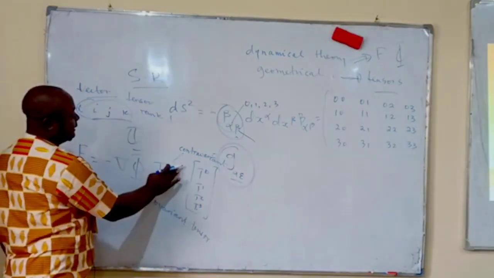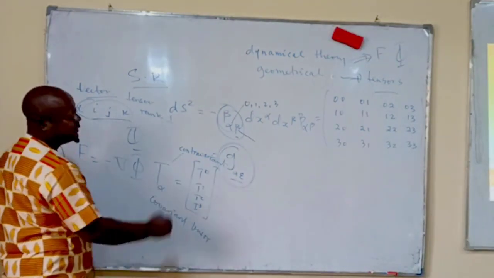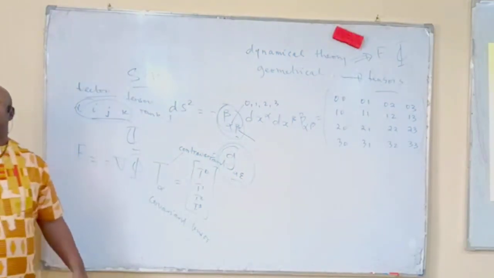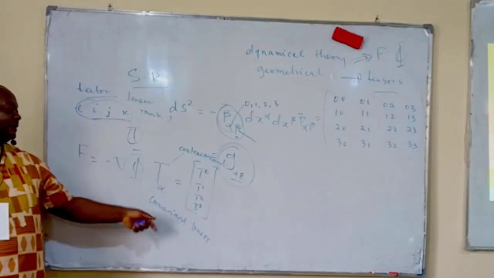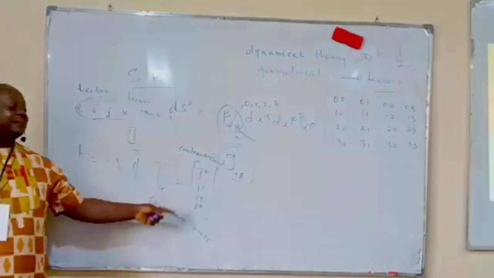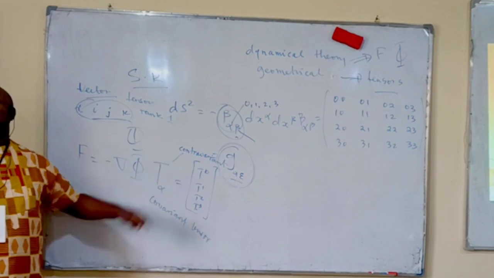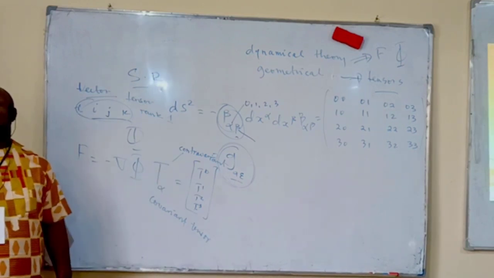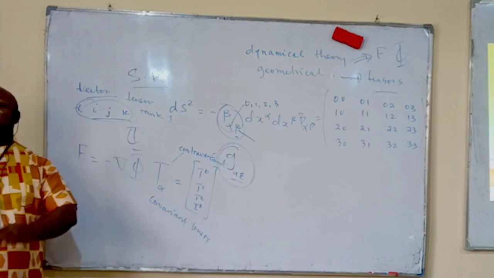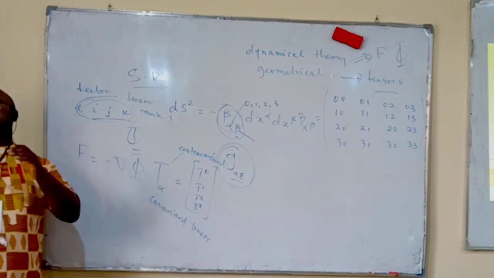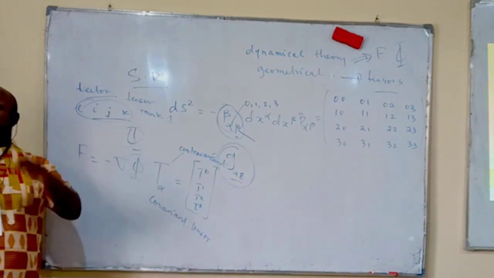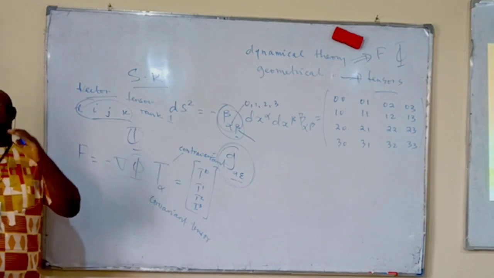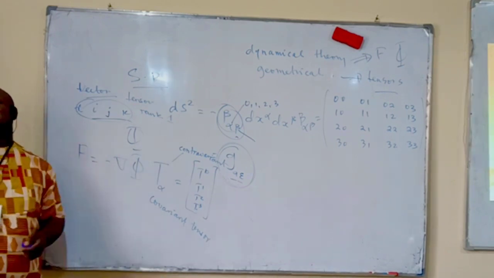When this index is down here, it becomes covariant. When it is up here, it is contravariant. Okay? And then there are situations where you can raise the index or lower it. You can raise the index or lower the index.